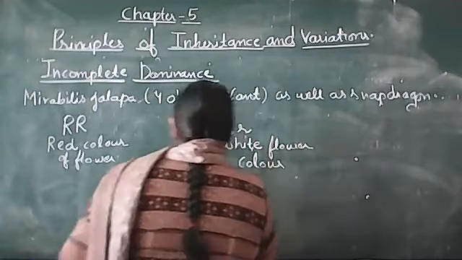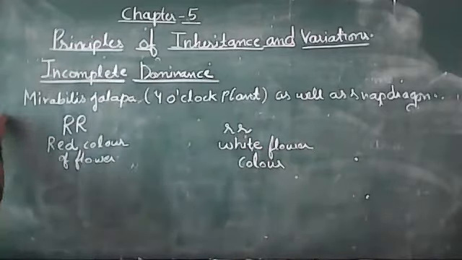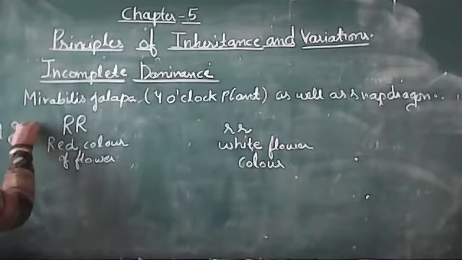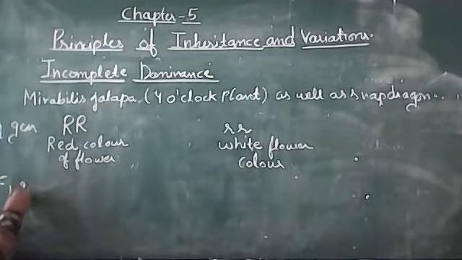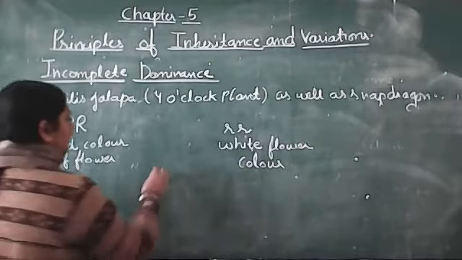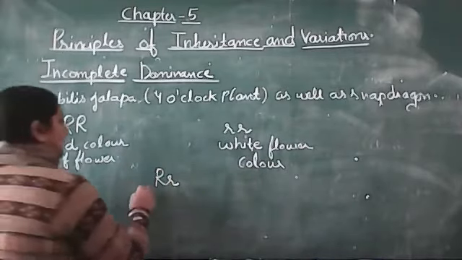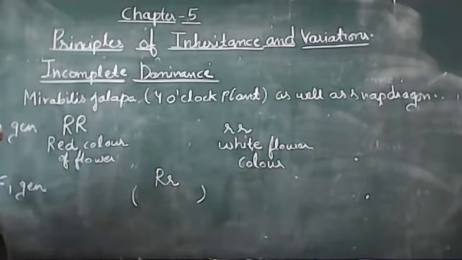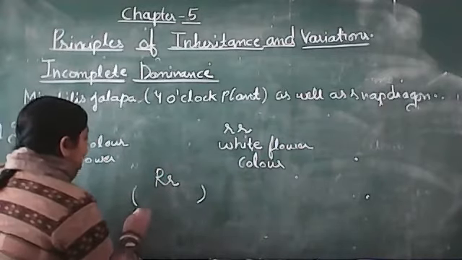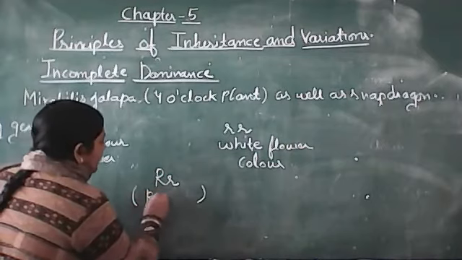So as you expected according to the law of dominance, what do you get in the F1 hybrid? In the F1 generation, you expect the combination capital R, small r. And what is the color which appeared in this hybrid? It can be expected that this color should be red.